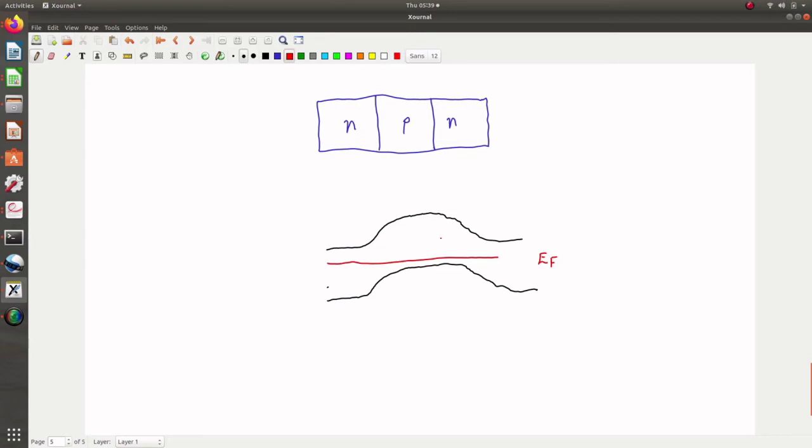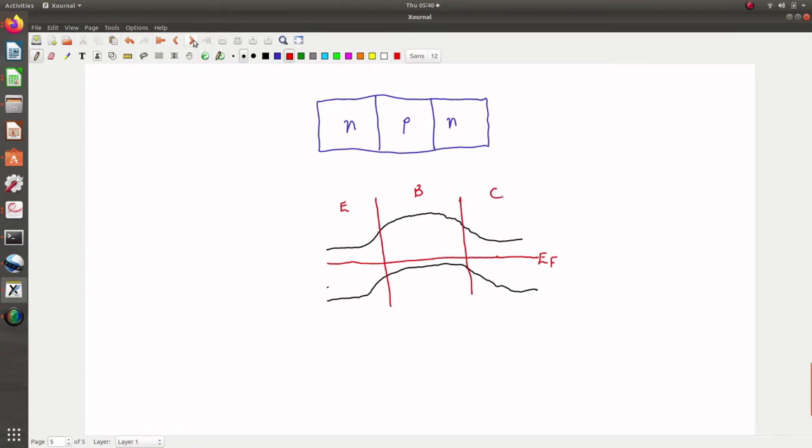We have a constant Fermi level, which is a straight line. And if we demark in the band diagram, this is the emitter, this is the base, and this is the collector.